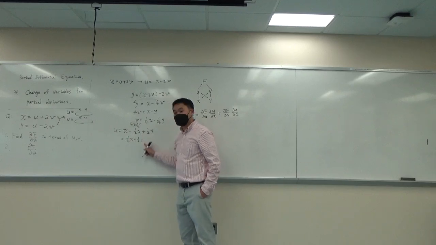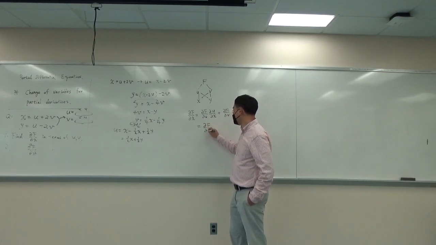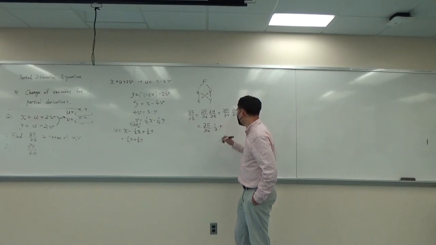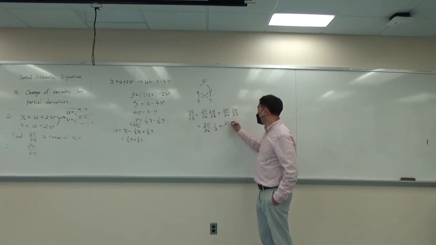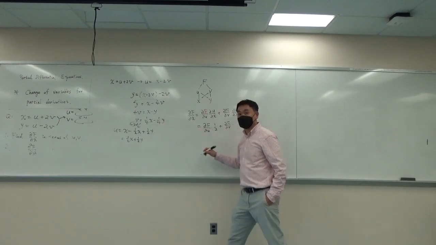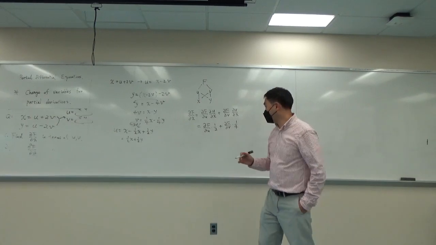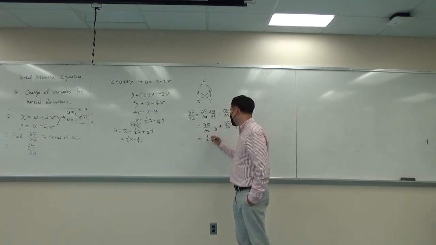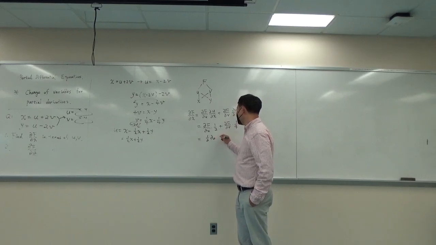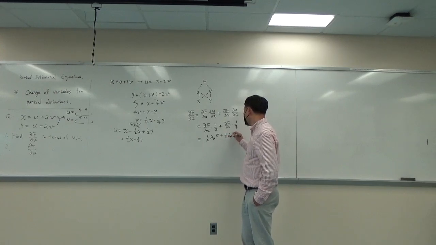U is this, right? So if you differentiate this by x, you get 1/2. So partial f partial u times 1/2 plus partial f partial v times partial v partial x would be, what would that be? It's this one, right? 1/4. So that's the answer to the first one. Or you can rewrite it as 1/2 partial u f plus 1/4 partial v f.